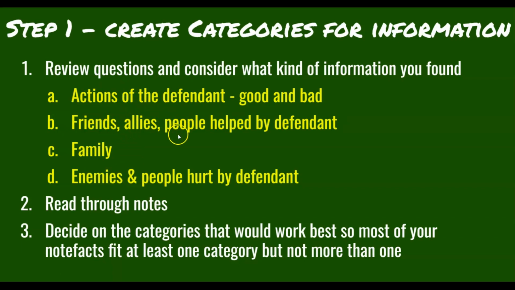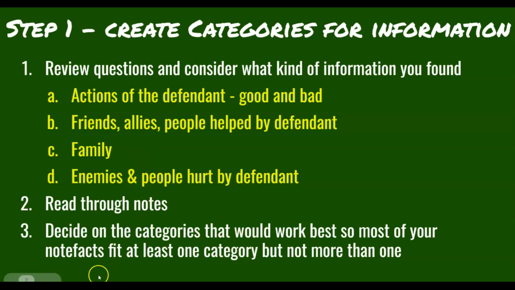And that really is going to depend on the particular defendant who you are researching and what you found, which websites you went to. There's no one way that works best for everybody. Okay, so you kind of have to read through and figure out, how can I, like a puzzle, fit these together? Which 3 do I have the most of? How can I group them together so that it works best for me? Because this is not the only way to do it, right?